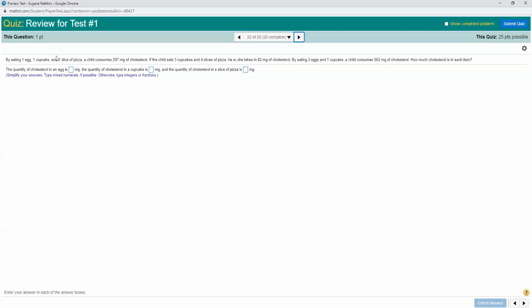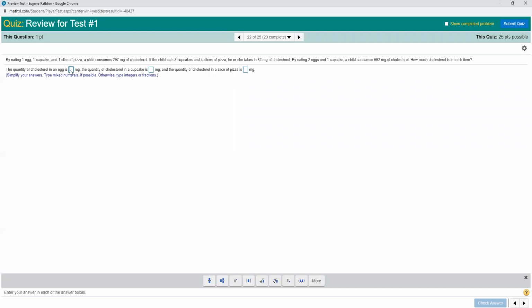So like the quantity of cholesterol in the eggs, that was 272. Then the cupcake, which was my Y's. My Y was 18.